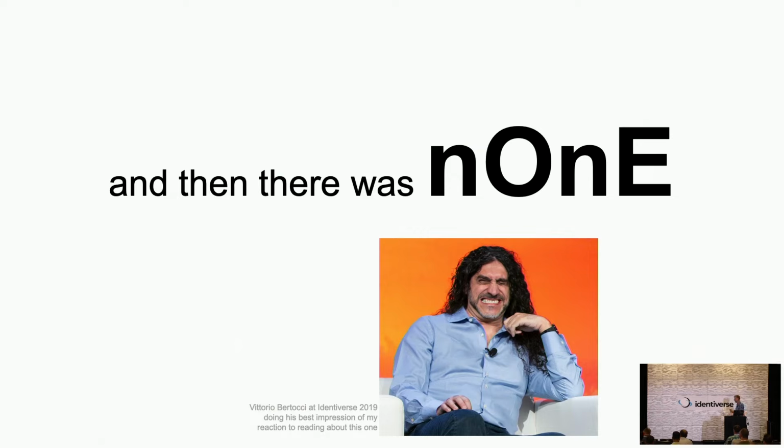And then along later came the case-variation attack on alg-none. Vittorio here is doing his best impression of what I thought when I saw this. I was very critical of this at the time, but doing a little research for this has given me a little bit of pause and made me a little gentler with some of these things. What was happening is there was a layer that was validating and protecting against alg-none and a layer that actually processed alg-none.